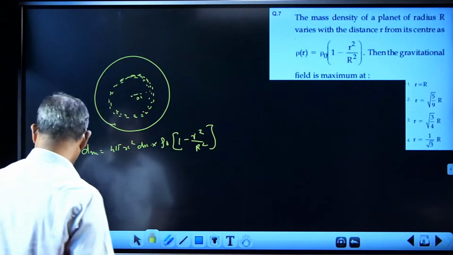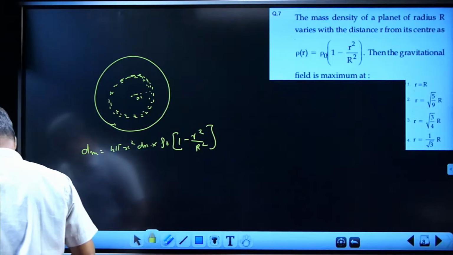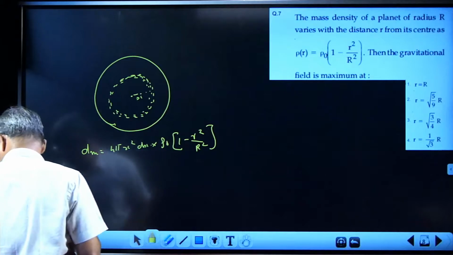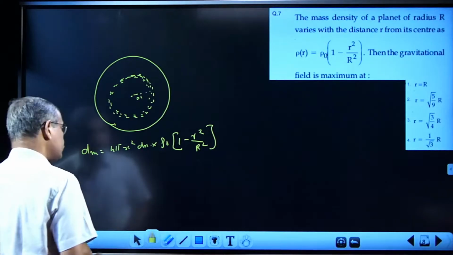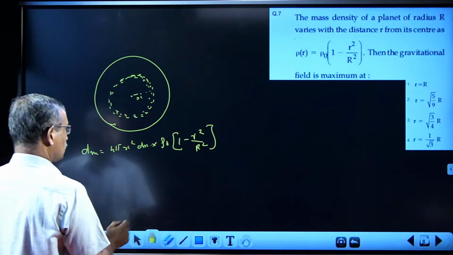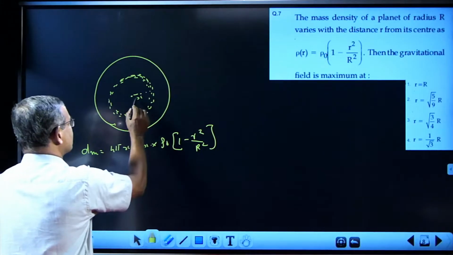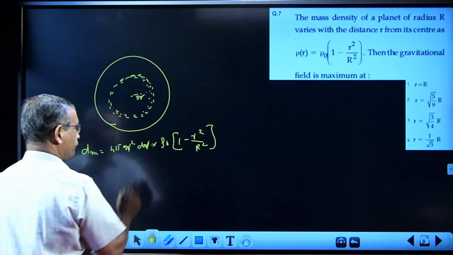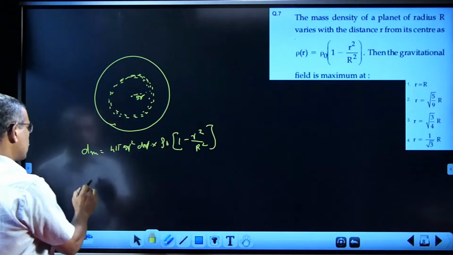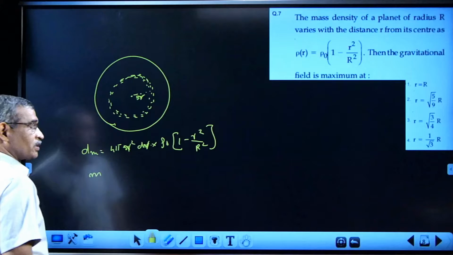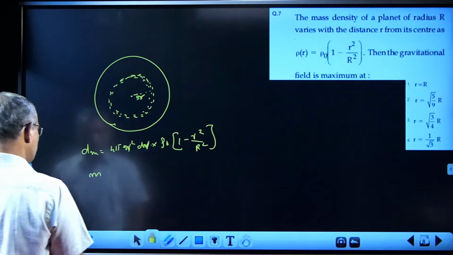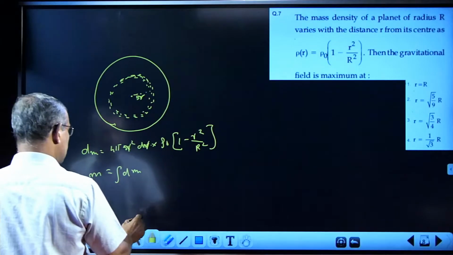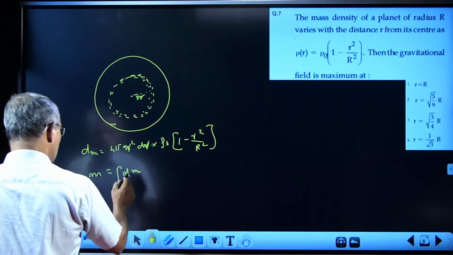Then as we go out, the variable is r, so instead of x it is better to use r, with dr. Then what is m for a distance r? m is given by the integral of dm.